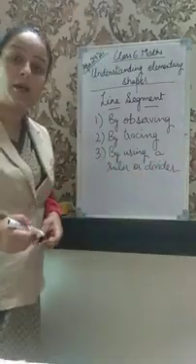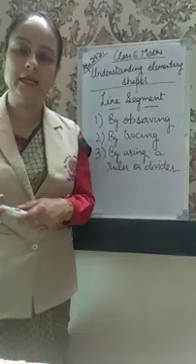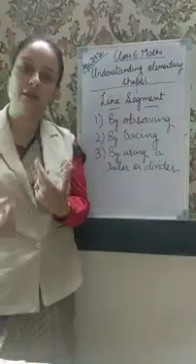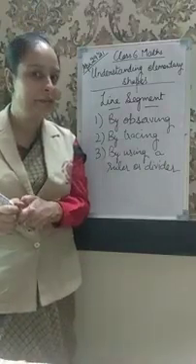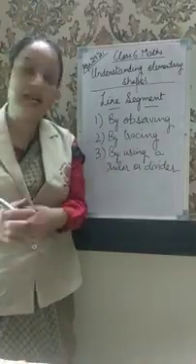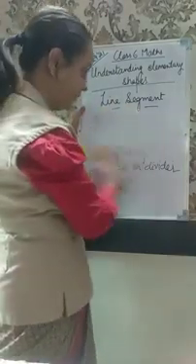How do we do that? Suppose first I'll tell you how to do it with the help of a ruler, right? So I'll take the ruler, I'll put it on one line segment and I'll see what is its length.